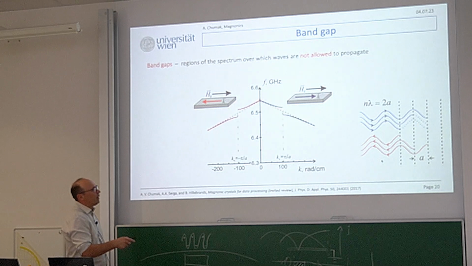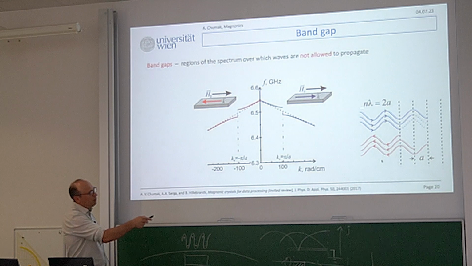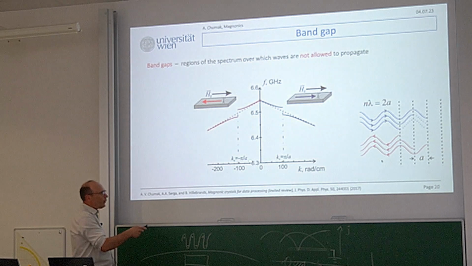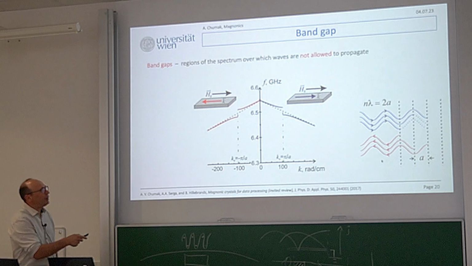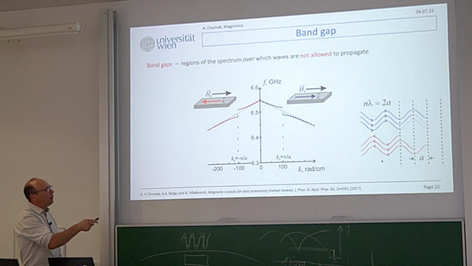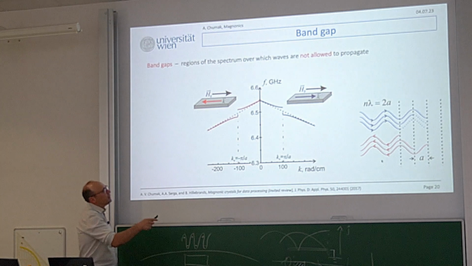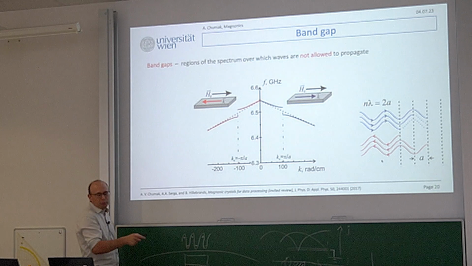But as soon as you have band gaps at particular k, pi over a, so this is more or less the first band gap when n equals 1, then it means that you have two special cases: pi over a, and here minus pi over a. So particularly for these two wave numbers, there will be Bragg scattering working. And it means that in the dispersion of spin waves there will be formation of a band gap.